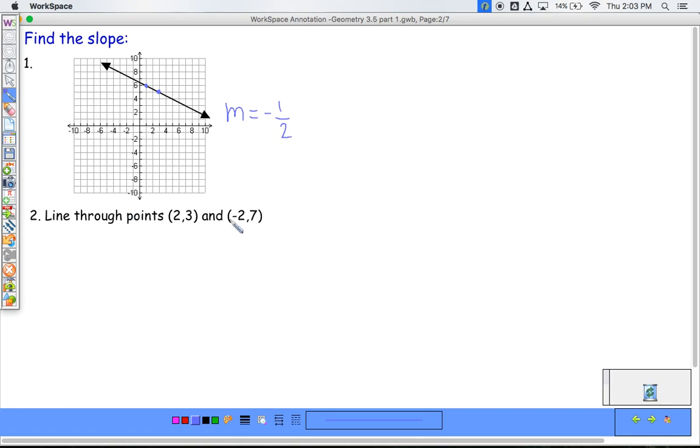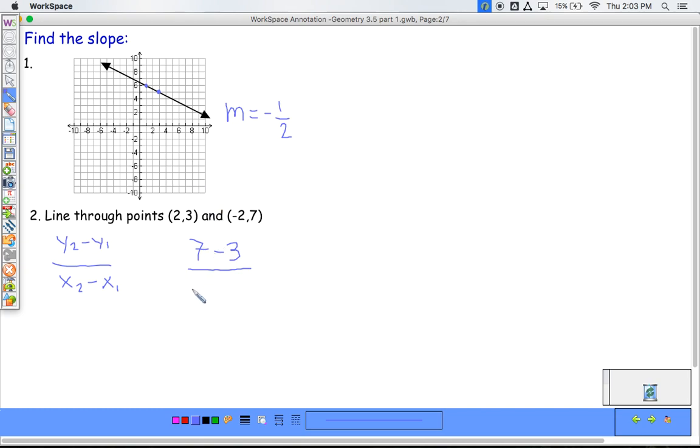Or if we just get 2 points, we want to use our slope formula, which remember is y2 minus y1 over x2 minus x1. So our y2 is 7 minus our y1, which is 3. And then we're going to subtract our x's.